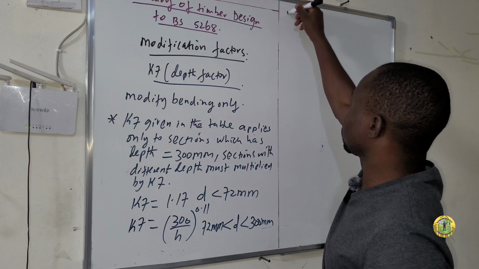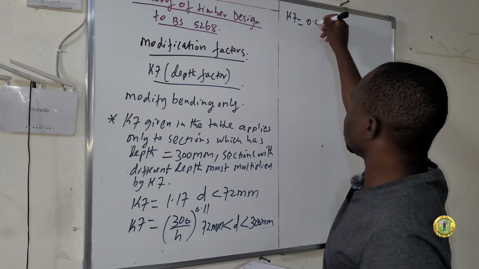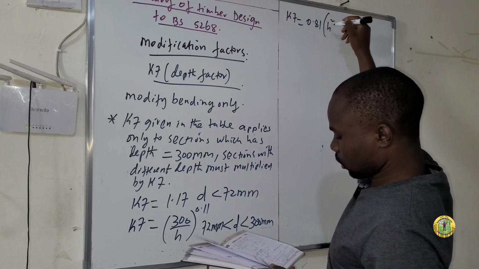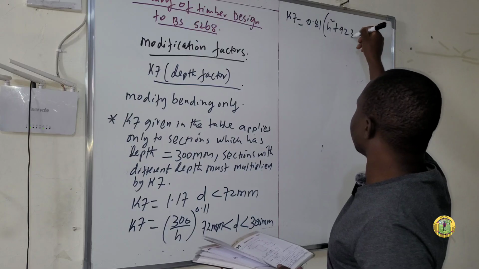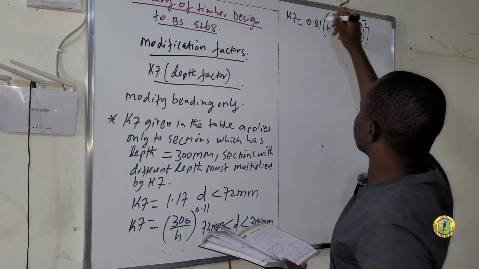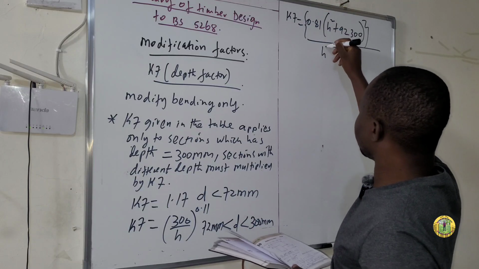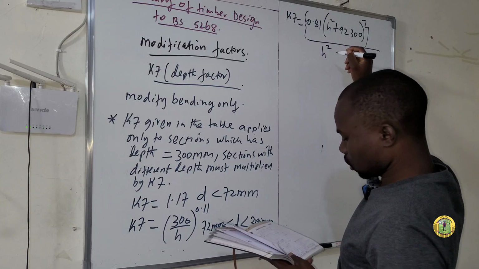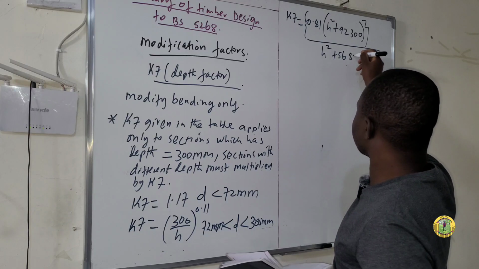And then the third case, K7 is equal to 0.81 into bracket H square plus 92 300, all over H square plus 56 800.